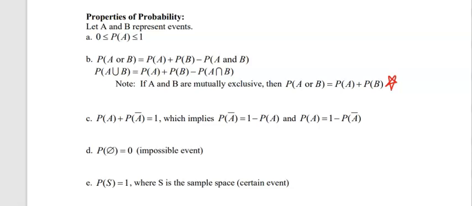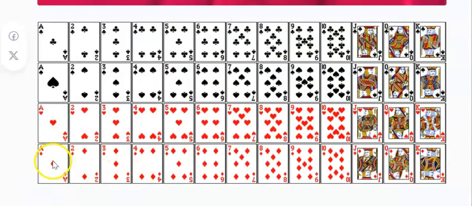So if I say, what is the probability of drawing a diamond or drawing a queen? And I'm going to pull up an image of all the cards just to point out what I mean. Okay, so I said, what's the probability of getting a diamond, which would include these 13 cards, or getting a queen, which would include these 4 cards?